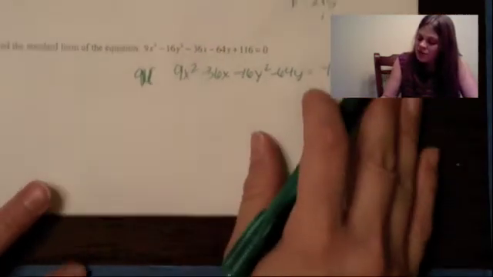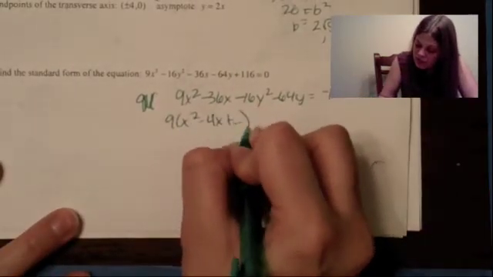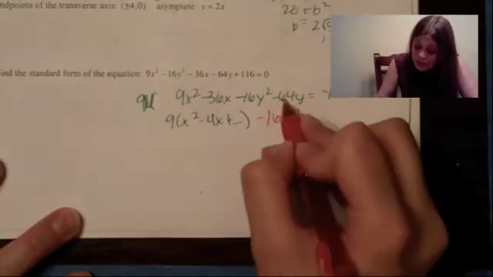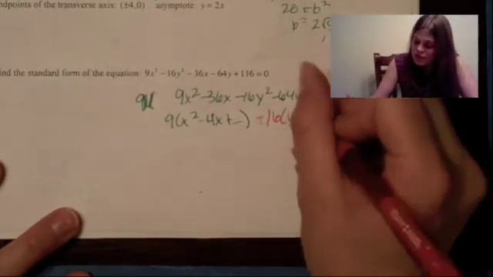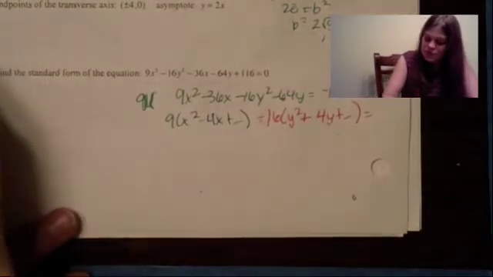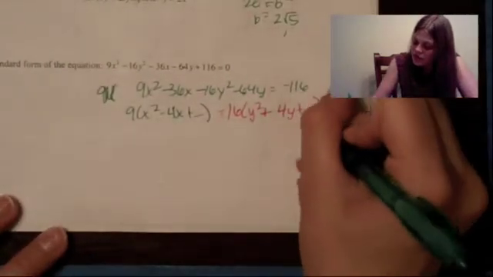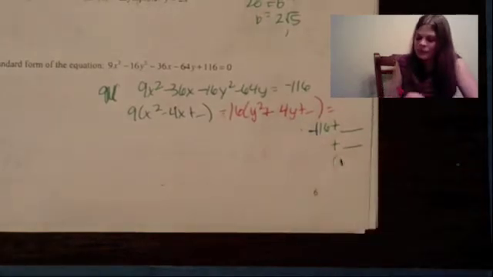So if I factor out my 9, I get x squared minus 4x plus blank, and then minus 16 times y squared plus, make sure that you factor out your negative, turns it to plus, 64 divided by 16 is 4y plus blank, equals negative 116 plus blank plus blank.